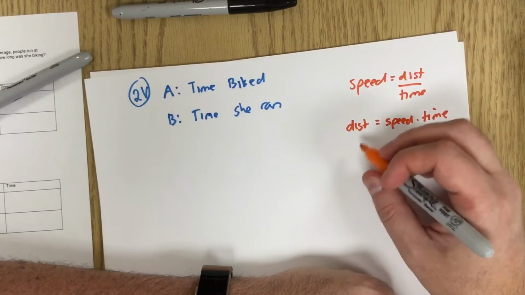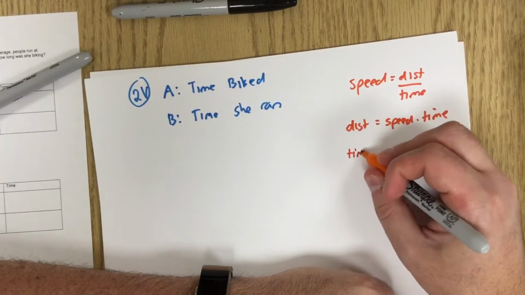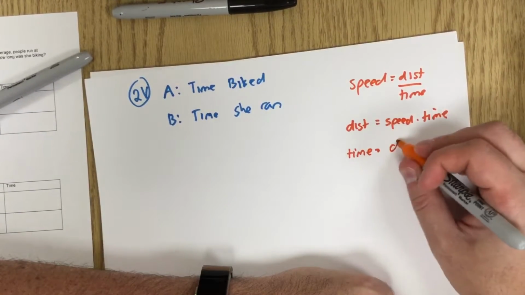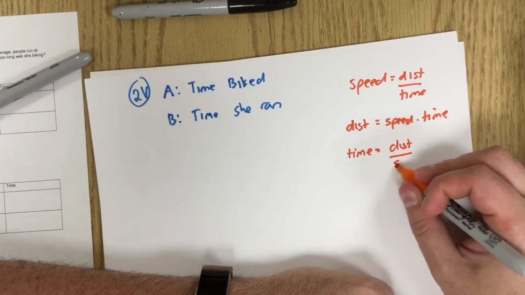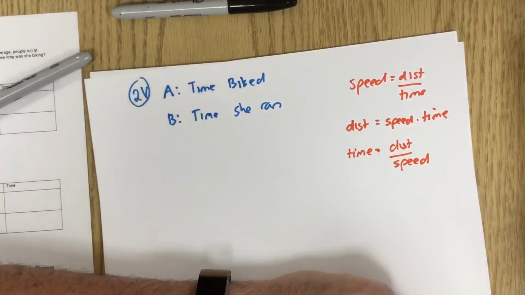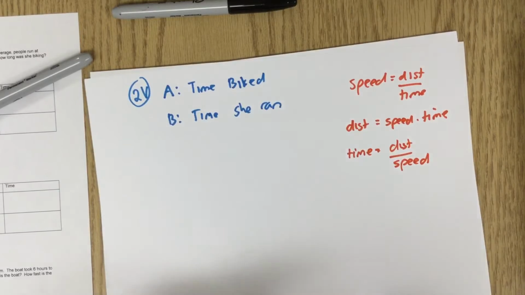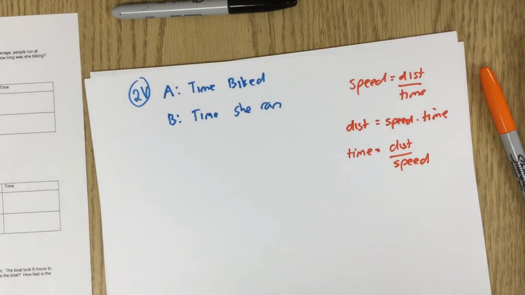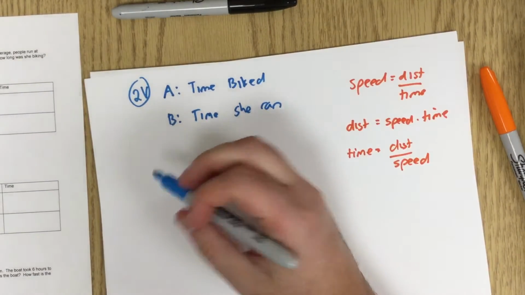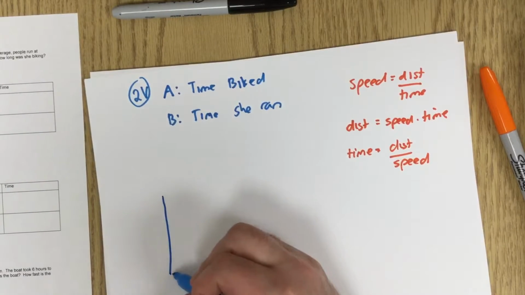And we could say that time equals distance over speed. So keeping that in mind, we're going to make another one of those tables.